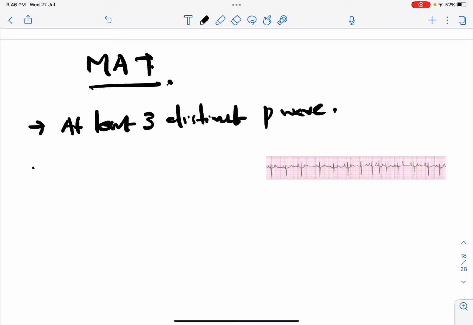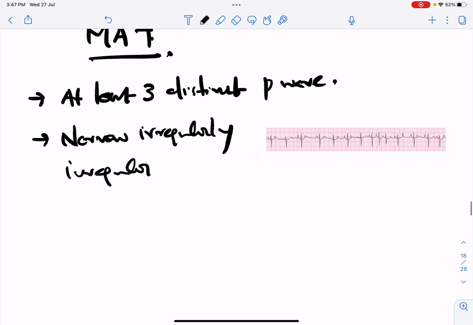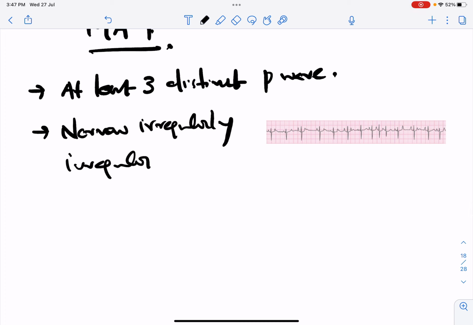Again, narrow complex, irregular. This is also irregularly irregular rhythm on ECG, and normally MAT is at a rate of 100 to 180 beats per minute. That's about multifocal atrial tachycardia.